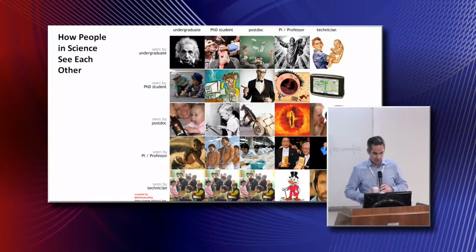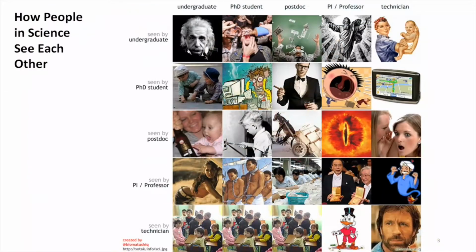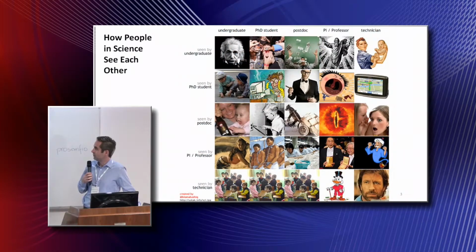So just for fun, I found this several years ago. I think a Slovakian guy created this matrix, and he doesn't call it a DSM, but it really is a DSM. And this is how people in science see each other. And so we have undergraduate students, PhD students, postdocs, professors, and technicians.